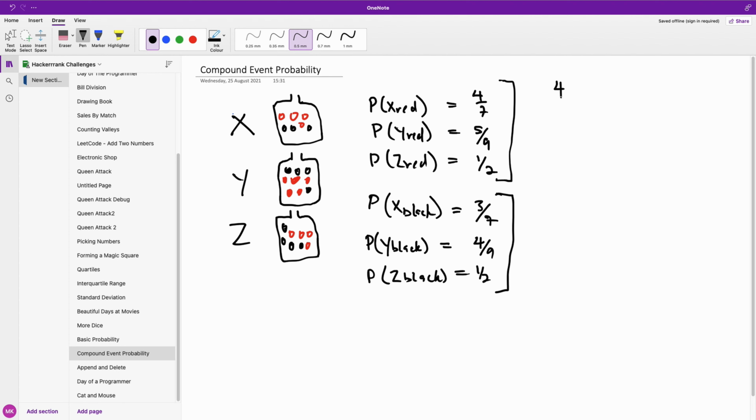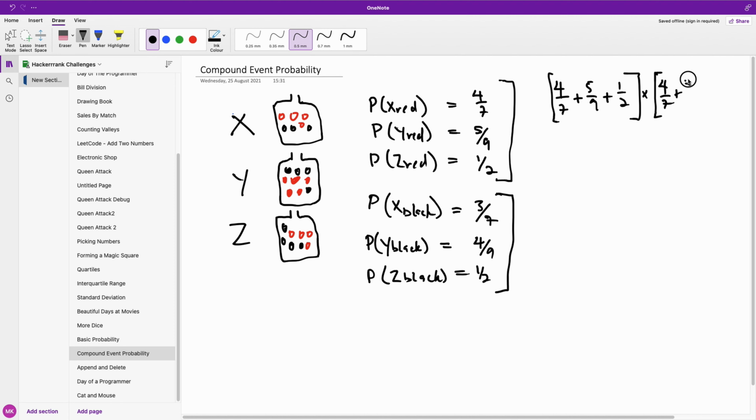So we are going to have 4/7, or in probability is plus 5/9, or 1/2. So this is the probability that a red ball is drawn, plus, sorry, it's not plus. We are going to have this times itself. It's going to happen again. It must happen twice. It's going to be 4/7 plus 5/9 plus 1/2.